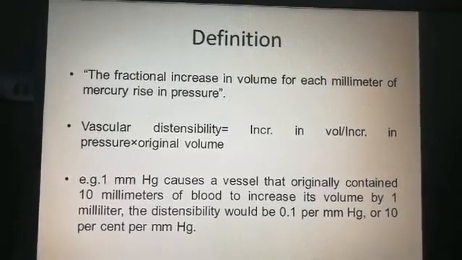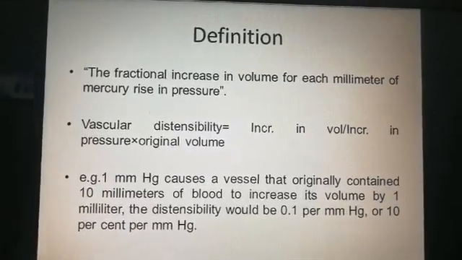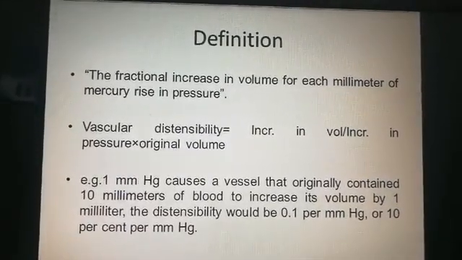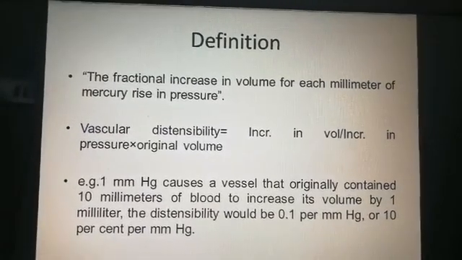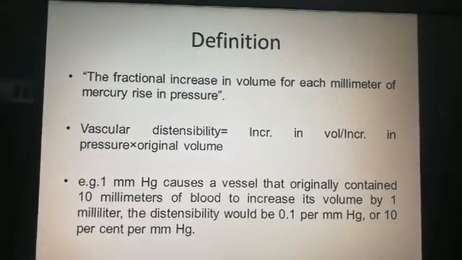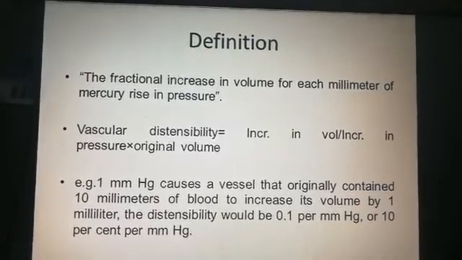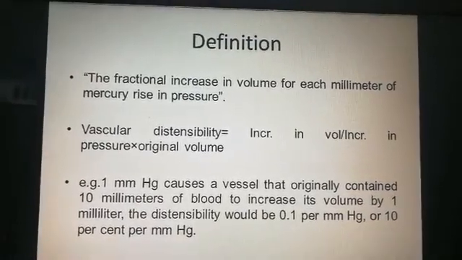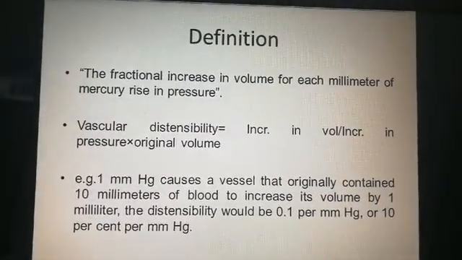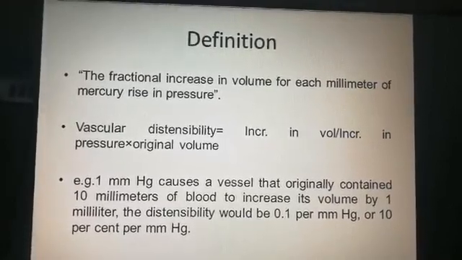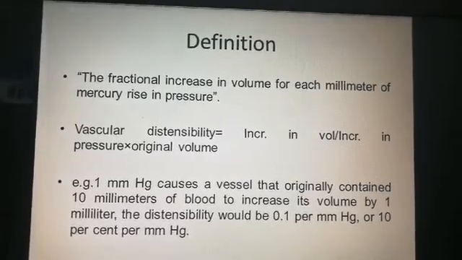You can see here the original volume is 10 and the increase in volume is 1. So keep 1 on the upper side and 10 on the lower side, and the increase in pressure, that is 1 millimeter of mercury, also on the lower side. So 1 over 1 times 10.